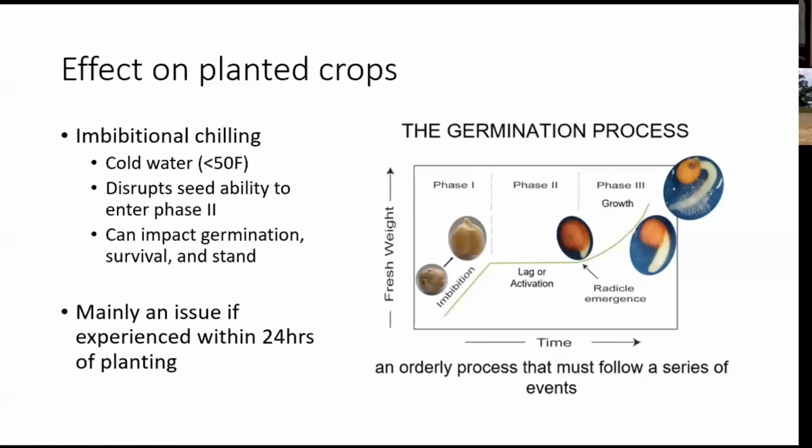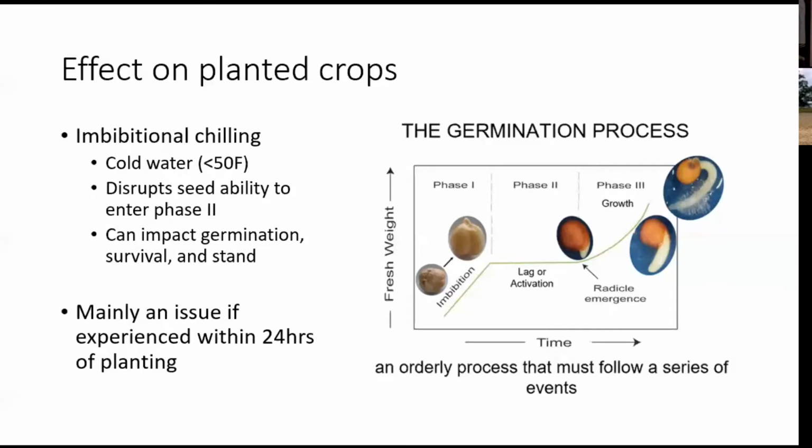And so imbibitional chilling really affects phase 1 here. And it happens when the seed is imbibing cold water, or water that's less than 50 degrees Fahrenheit. And basically what can happen is if it's too cold, it can affect that rehydration and activation process and can limit the metabolic processes within the seed.